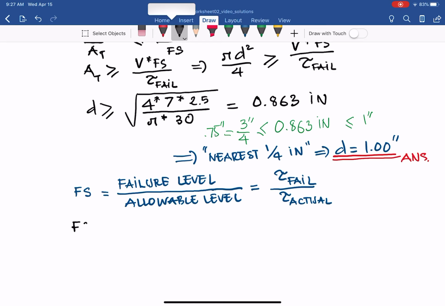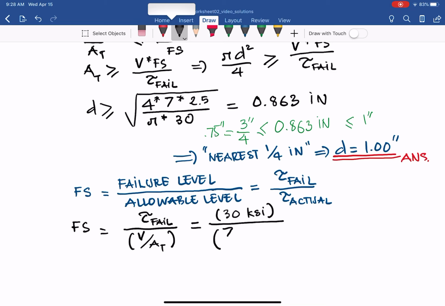The Fs equals the failure, 30 KSI, divided by the actual, V over 8A. So the general equation is tau fail, which is 30 KSI, divided by the actual load V divided by pi d squared over 4, in this case 1 squared, because that is the diameter you chose.